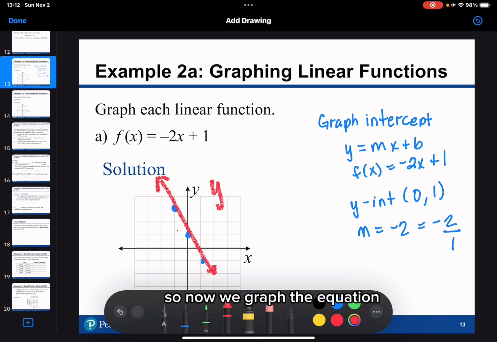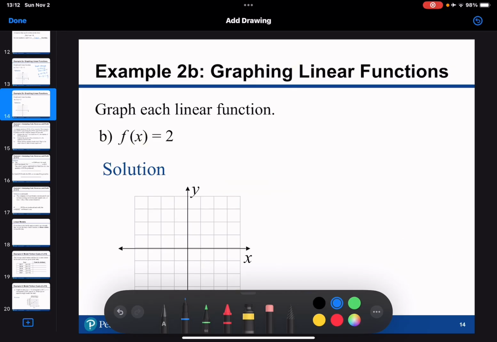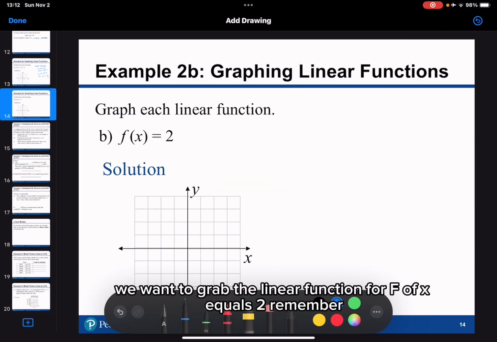So now we've graphed the equation y equals negative 2x plus 1. Moving on. We want to graph the linear function f of x equals 2.